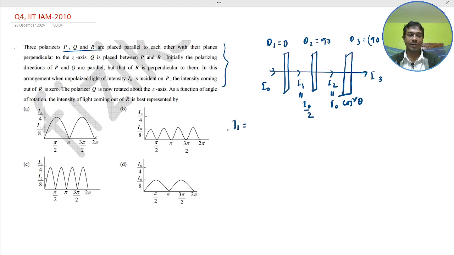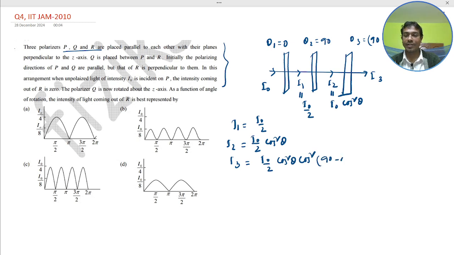So just use Malus law, I1 is equal to I naught by 2. Here I2 is equal to I naught by 2 cos square theta. Next one, the I3 is equal to I naught by 2 cos square theta, and here the cos square 90 minus theta.